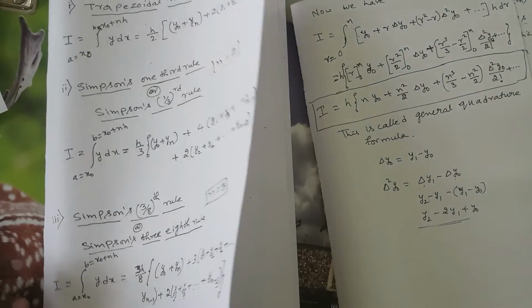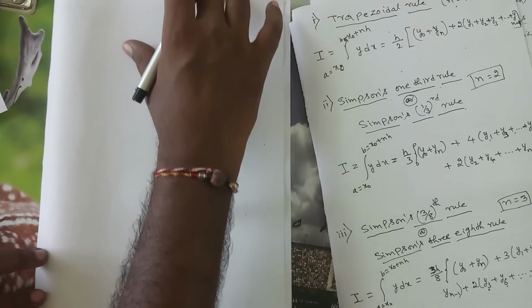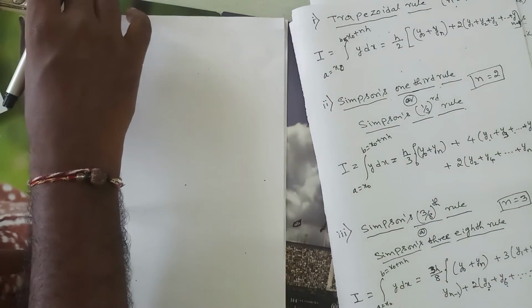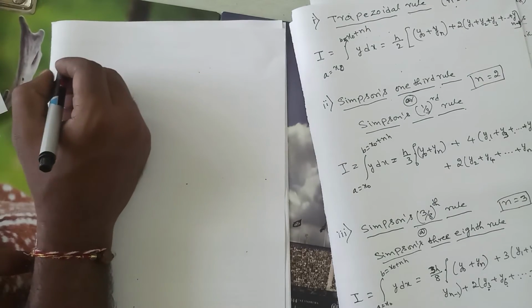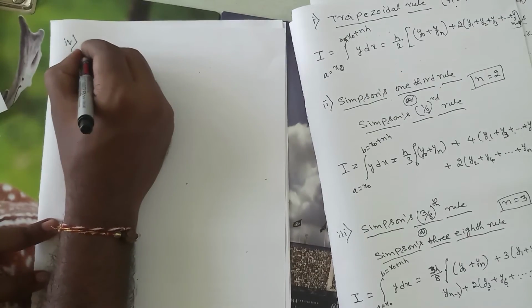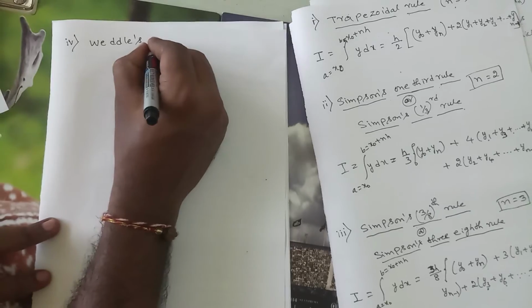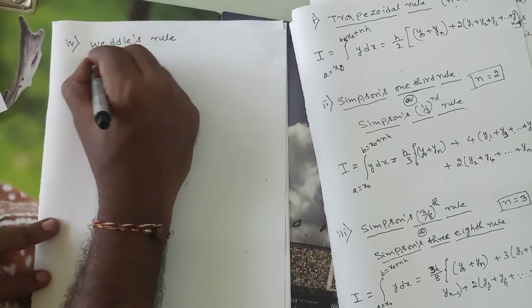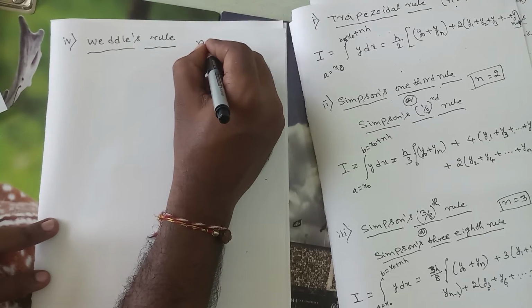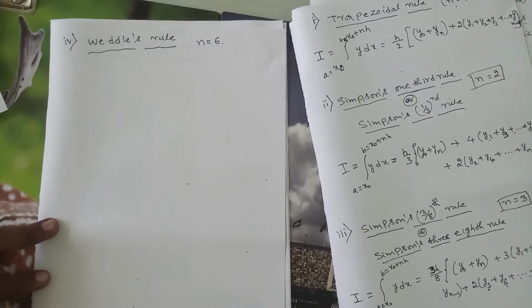Now, fourth one, Weddell's rule. So n must be a multiple of 6.